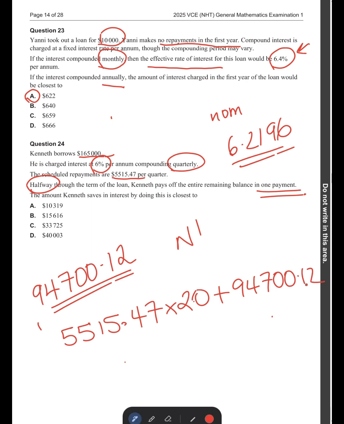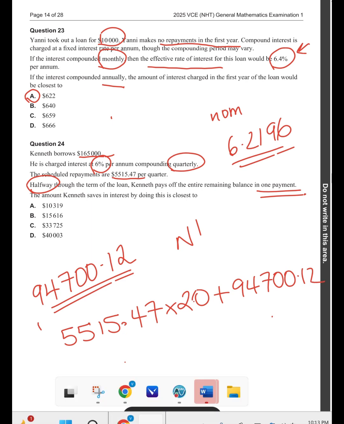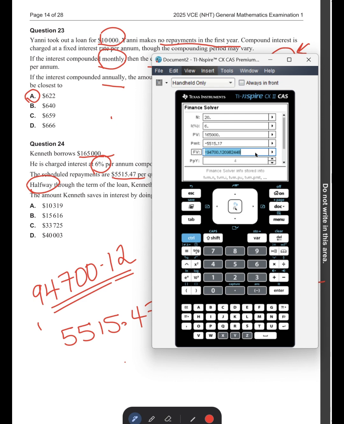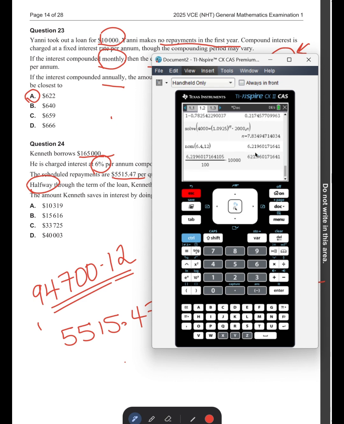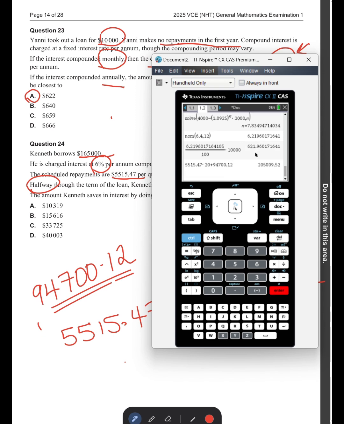So this is what he's actually paying: 5515.47 times 20 plus 94700.12. So that means he's actually paid that much money.